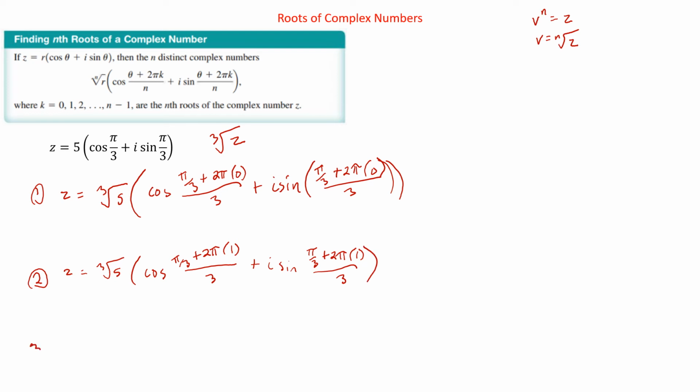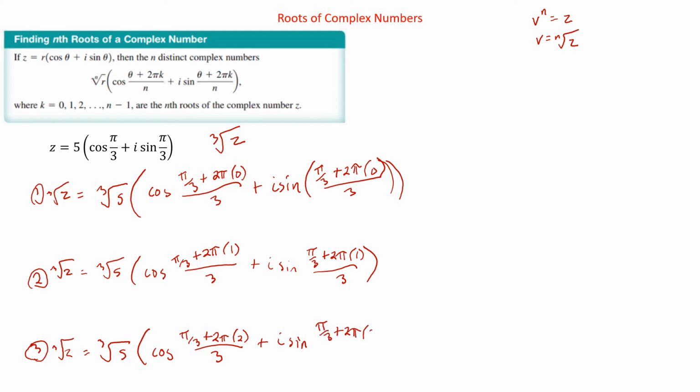The third one, though these aren't z's, these will be cube roots of z, is going to be the cube root of 5 times cosine of pi over 3 plus 2 pi times 2 over 3, plus i sine of pi over 3 plus 2 pi times 2 over 3.